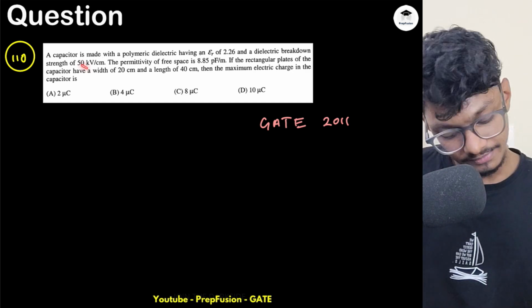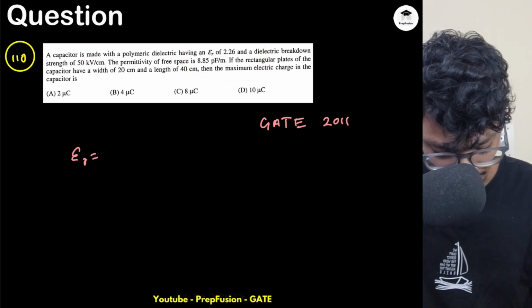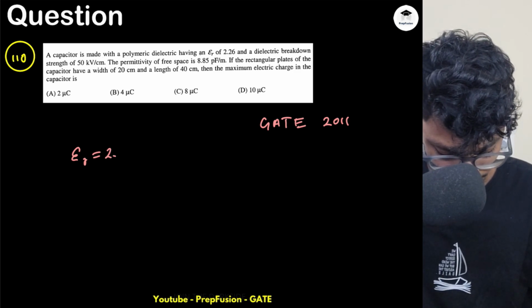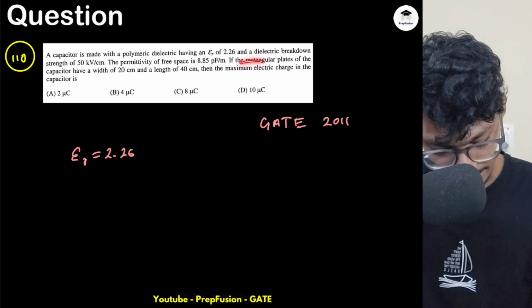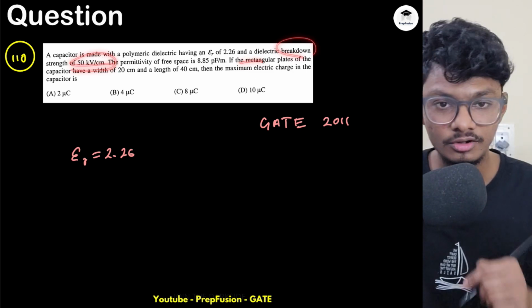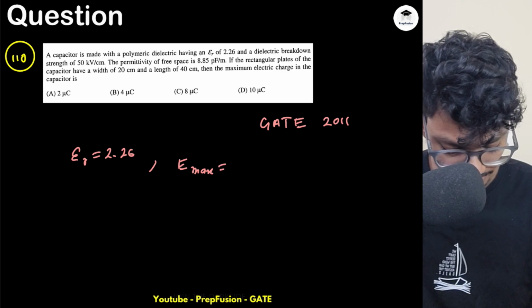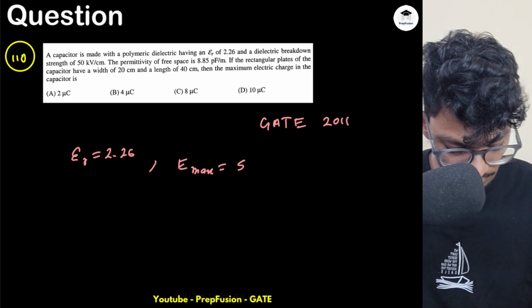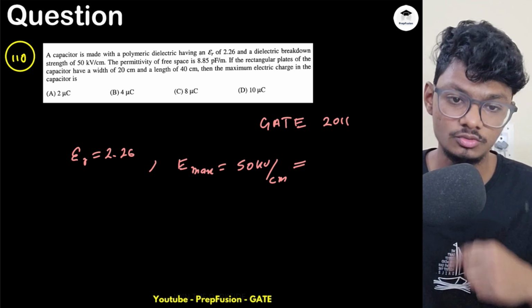So the capacitor is given, okay, and the dielectric has an epsilon r, relative permittivity, of 2.26, and a dielectric breakdown strength of 50 kilovolt per centimeter. So E breakdown, E max, right, is 50 kilovolt per centimeter, but I want to convert this into SI units.